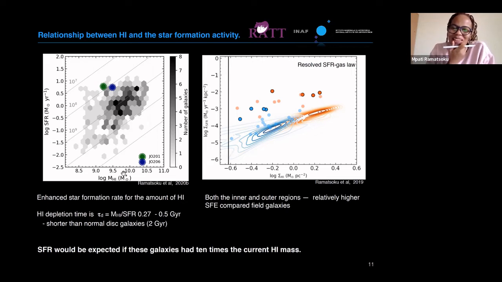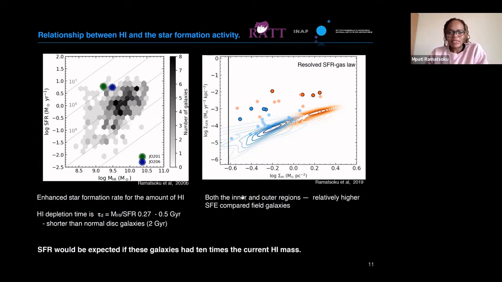But this doesn't mean much if you're looking at the global scale, because this high star formation rate could only be coming from the H1 disk. So what we also did was to look at these galaxies at resolved scales. Here I'm plotting basically the same, but we are now separating the disk, which is in blue, and the tail, which is in red.